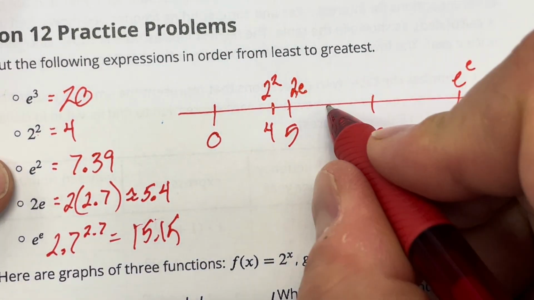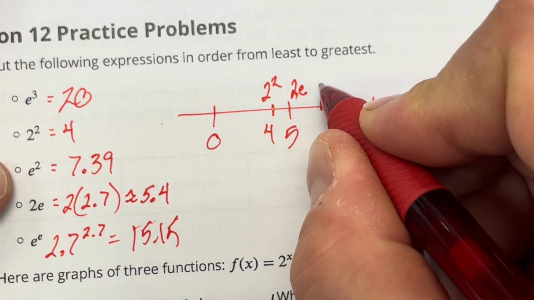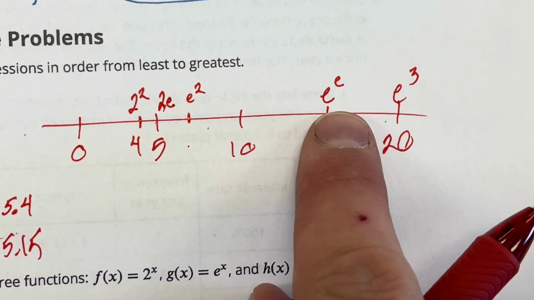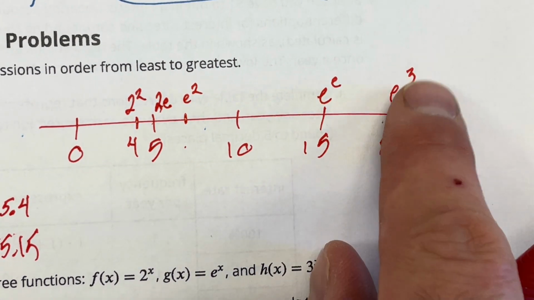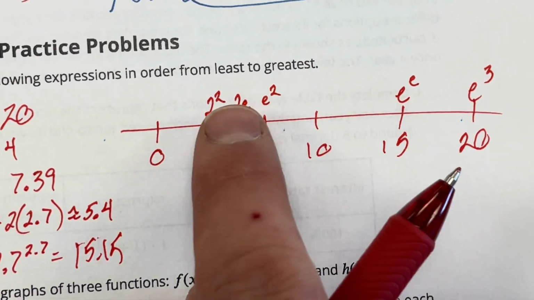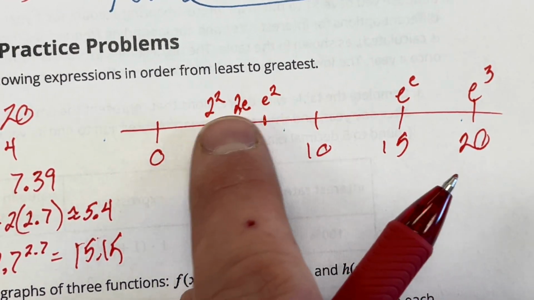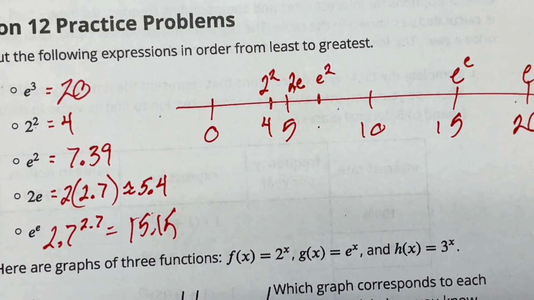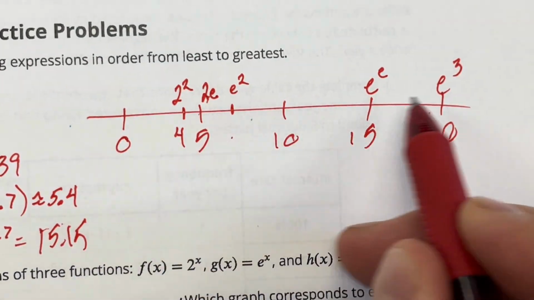And then e squared would be somewhere around 7. This would be e squared. And just kind of looking at that, e squared is here, e to the 2.7, and e to the third. This should logically make sense, that we know that this one's smaller than that. Now, knowing how to order these, that might be a little harder for people, and that's why I broke the calculator out for this. Okay, so there's our order from least to greatest.